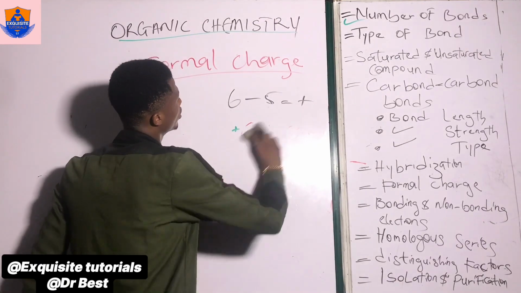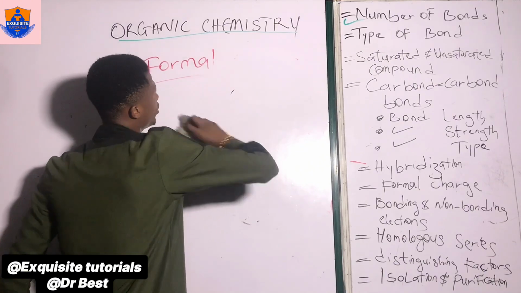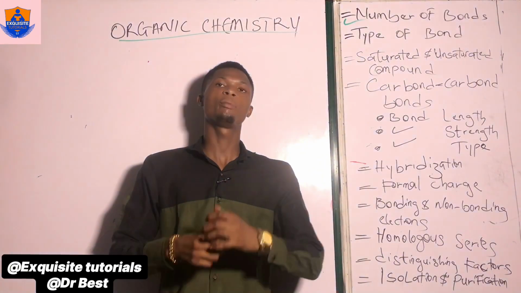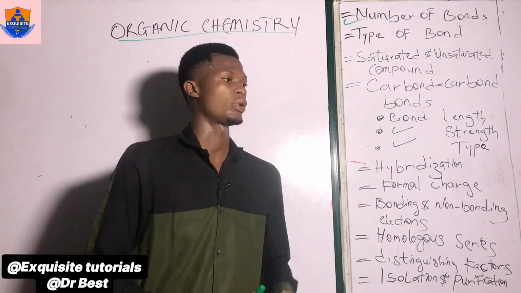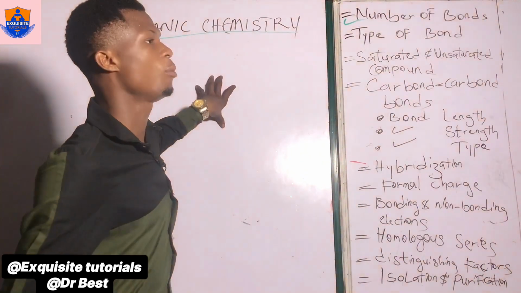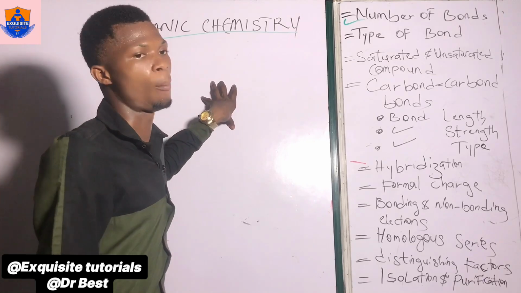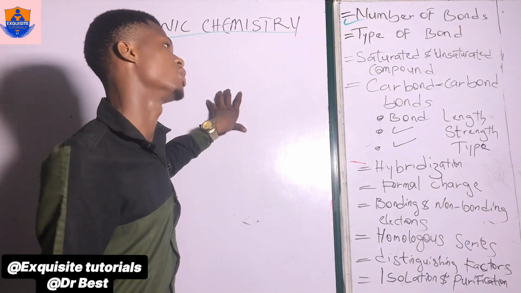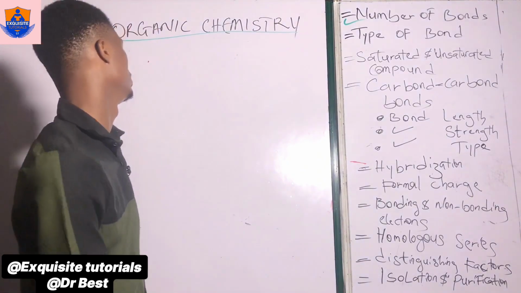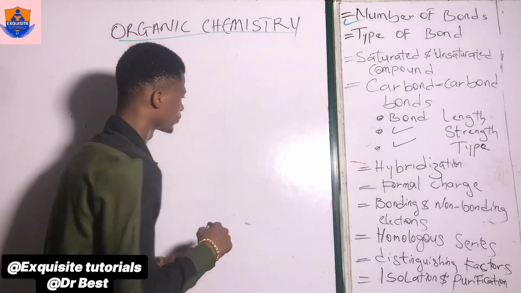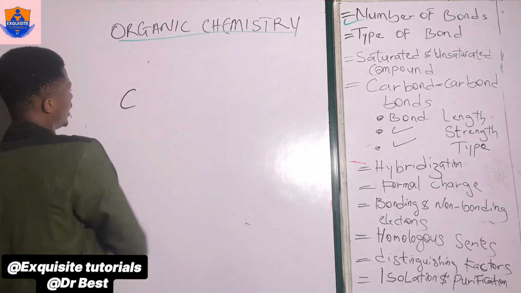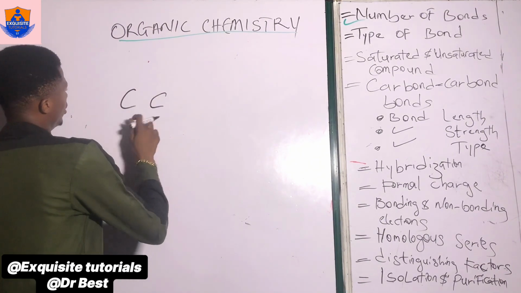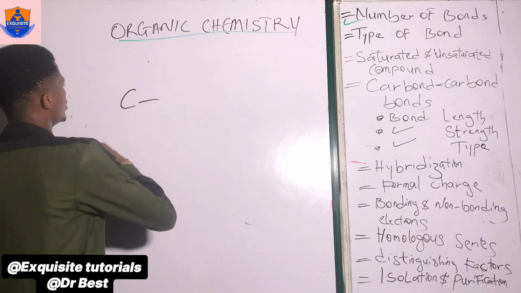Now, the next thing we're going to look into is bonding and non-bonding electrons. Now, when we talk about bonding and non-bonding electrons, we are talking about the number of electrons in a particular compound that is involved in a bond and the number of electrons that is not involved in a bond. Now, let's just use something simple.